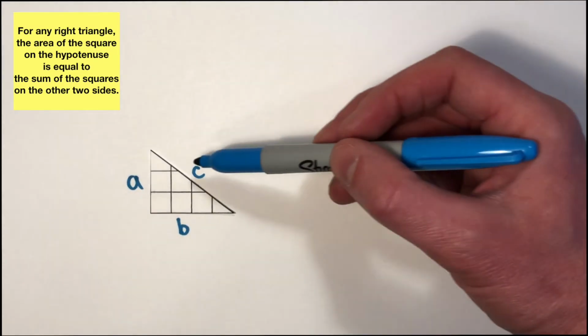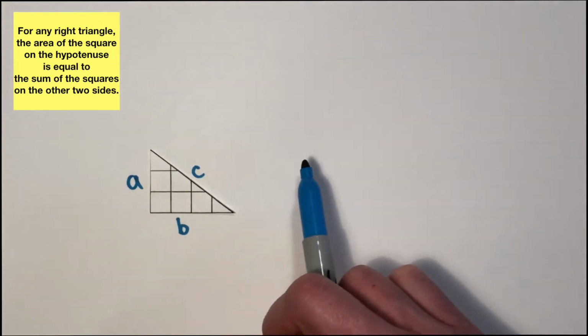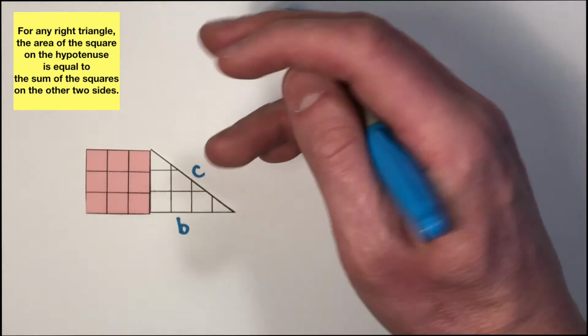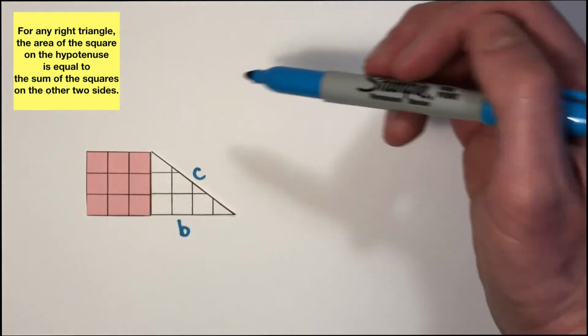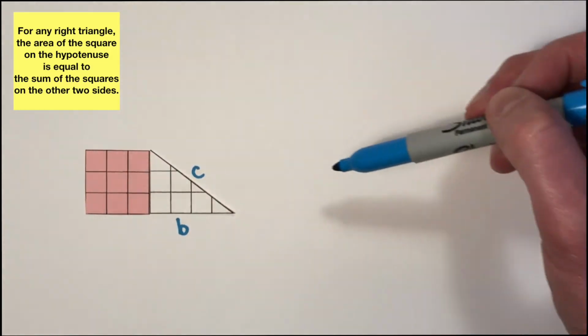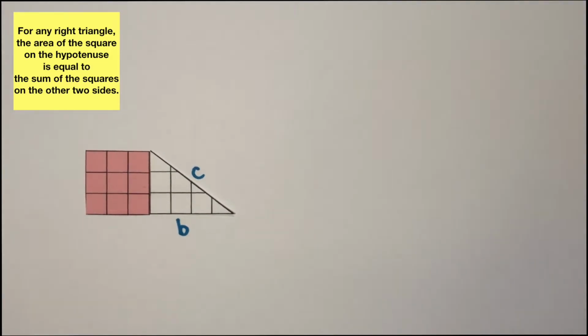For leg A, with a side length of 3, we can draw a square with side lengths of 3. So we have a perfect square on side A with side lengths of 3.